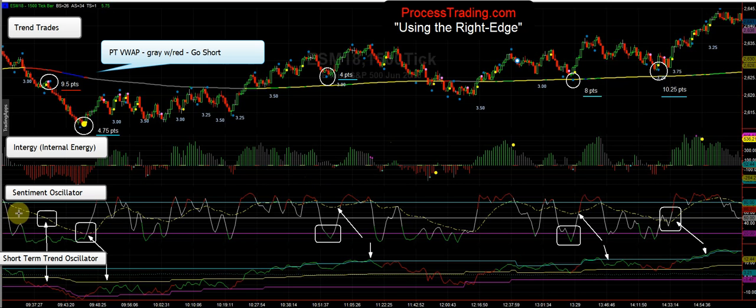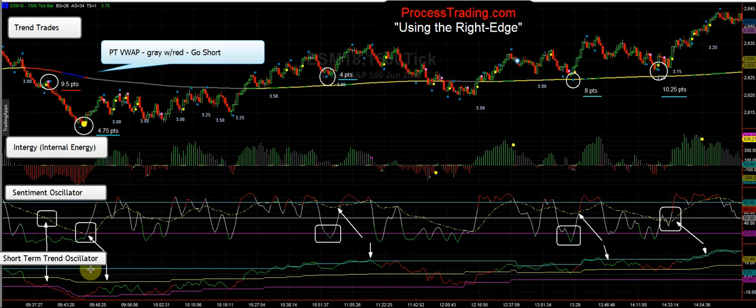At the same time, we see on the sentiment oscillator that the sentiment has gone all the way down to the bottom of the oscillator, and now the momentum is crossing through the bottom and crossing through the sentiment oscillator. That's a very powerful sign.